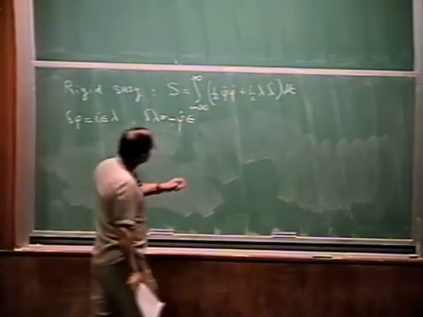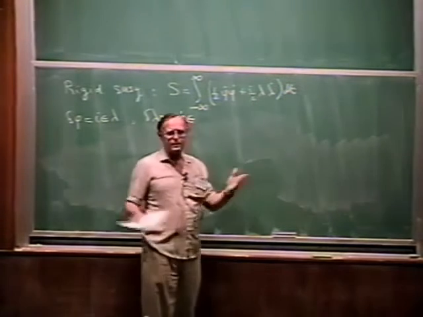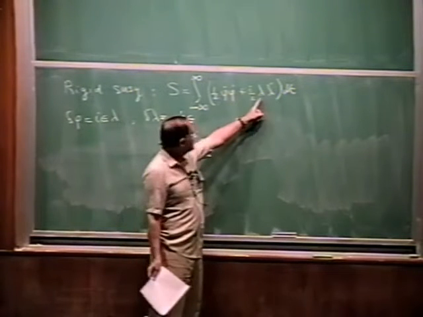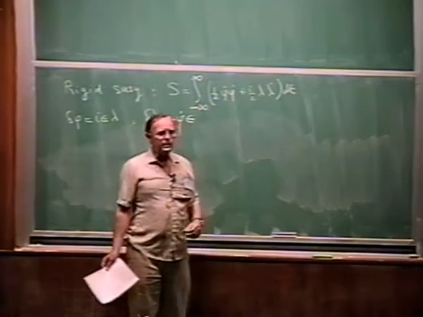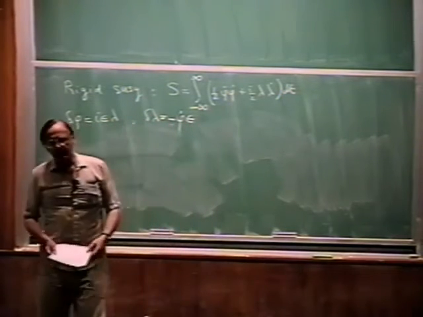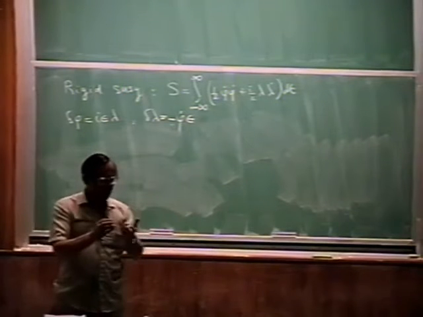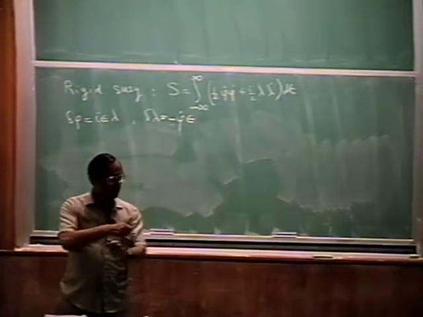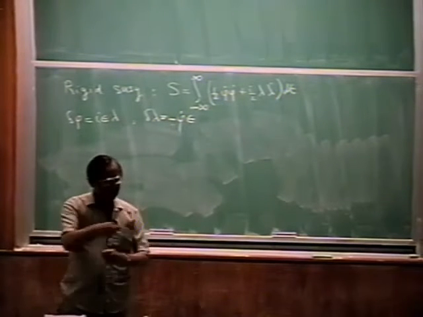No. I can still declare in 1 dimension that this has spin a half and this spin 1, and then I save the spin statistics theorem. But I don't go wrong if I say it is spin 1/2 or so instead of a half. So in this case it is not unique. Spin has, let me explain why. It's a good question. Spin has something to do with rotations. Namely, if you rotate the thing around, then it is in a different representation of the rotation group, as a mathematician would say.